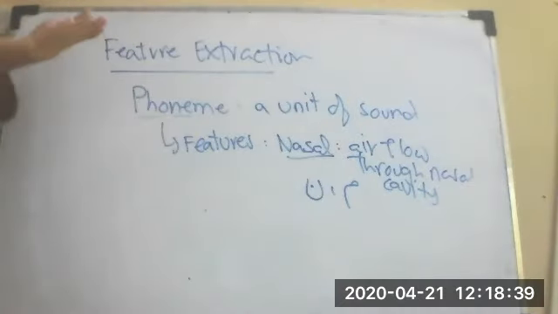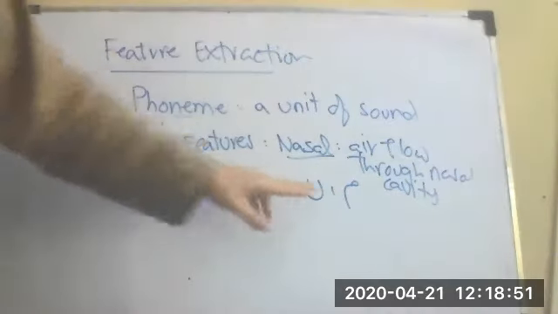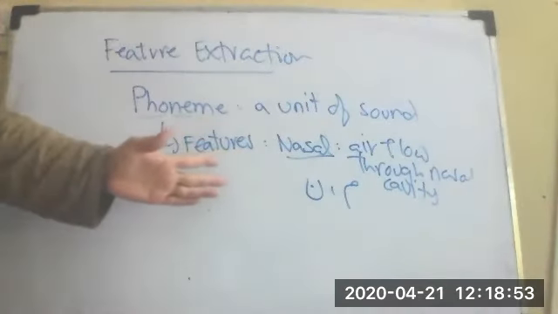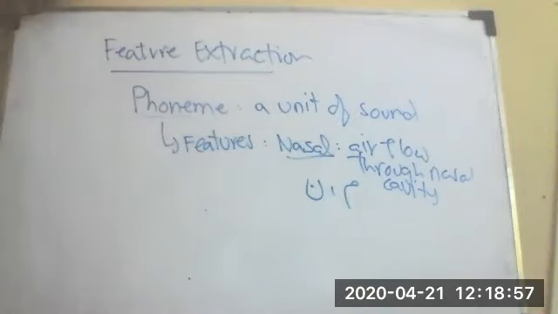Okay, try it: say noon, closing your nose with your fingers. So these letters or these phonemes would require this airflow through the nasal cavity. Okay, so this is one feature.